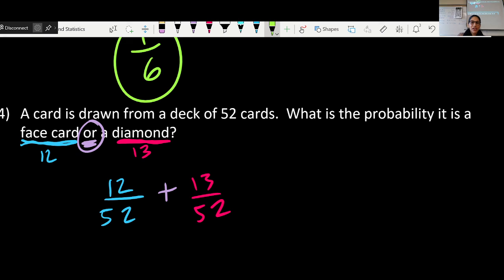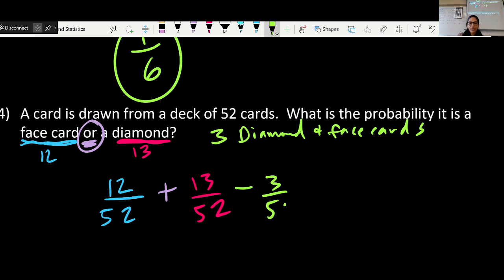So we could have 3 that are diamonds and are face cards. Does that make sense to everybody? So that wouldn't satisfy what the question's asking for. I need to get rid of those out of this equation. So I need to subtract out 3 out of 52. And I'm going to put these together. You don't need the brackets, but I just want to show you that's the part where we're considering all the possibilities, but then we take away the one that would actually satisfy both of these together, which is not what we want. So, are we good so far with that?